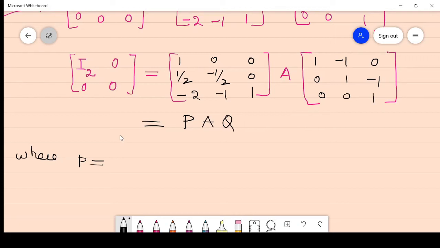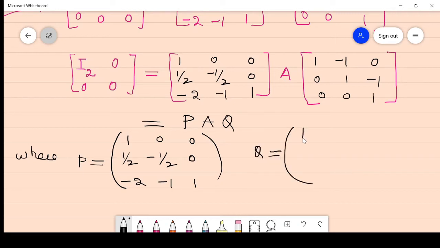P is the matrix 1 0 0, 1 by 2, minus 1 by 2, 0, minus 2, minus 1 and 1, and second Q, which is 1 minus 1 0, 0 1 minus 1, 0 0 and 1. So this is the P and Q matrix.